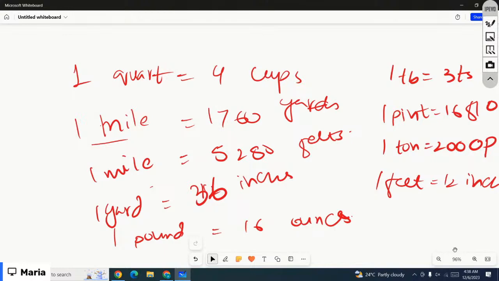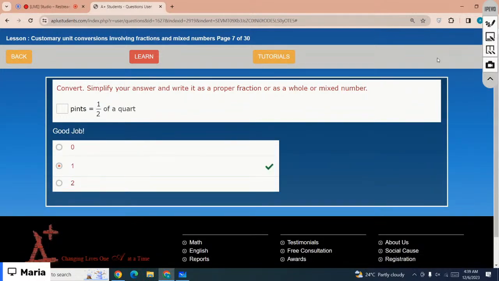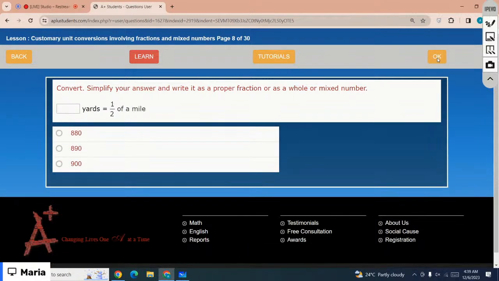Okay, quarts to pints. 1 quart equals 2 pints, right? So then half of a quart equals 1 pint. The correct option is 1. Half of a quart equals 1 pint.